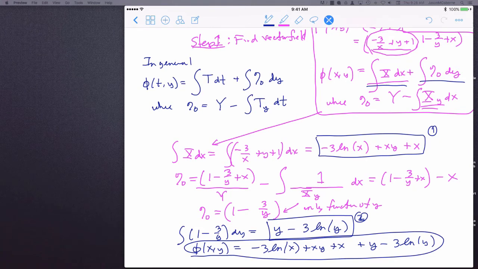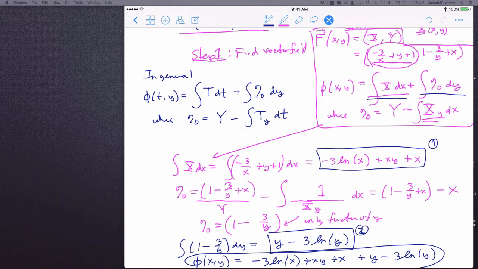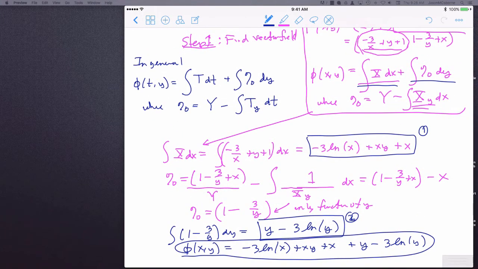And solutions therefore to the differential equation we were looking at, take that formula star. Okay.